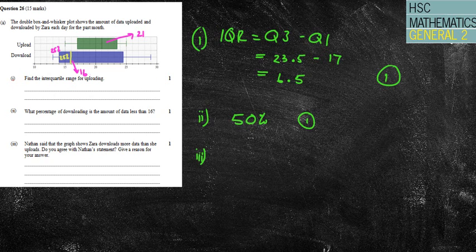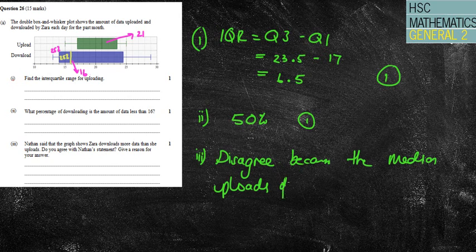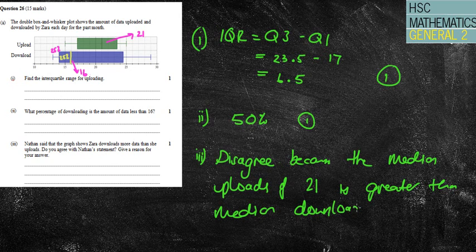Therefore, I would say for this question, I am going to disagree, and then we need to give a reason, because I'm going to say the median uploads of 21 is greater than the median downloads of 16 per day.